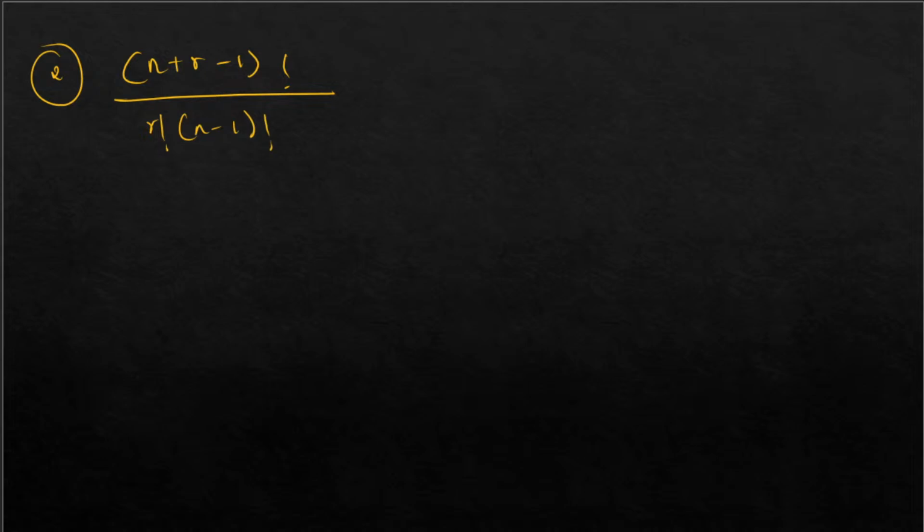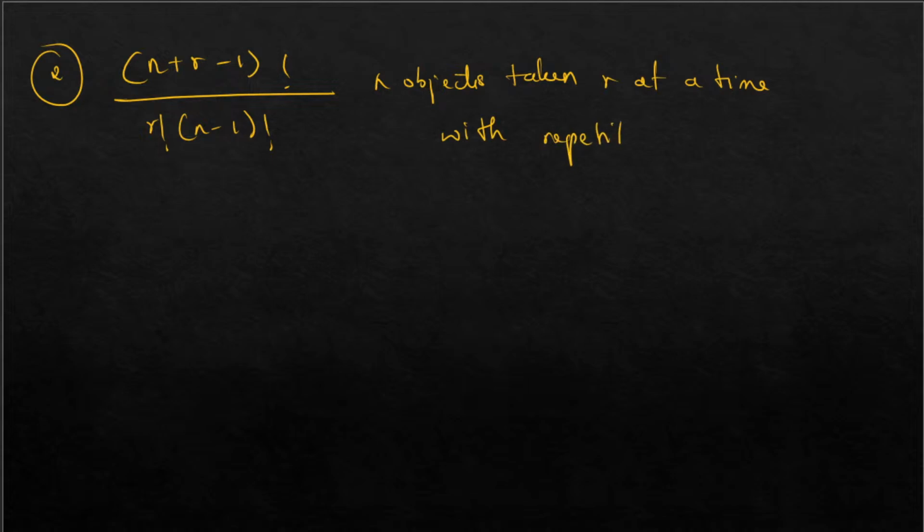This is the number of combinations of n objects taken r at a time with repetition. Okay, so this is the formula.